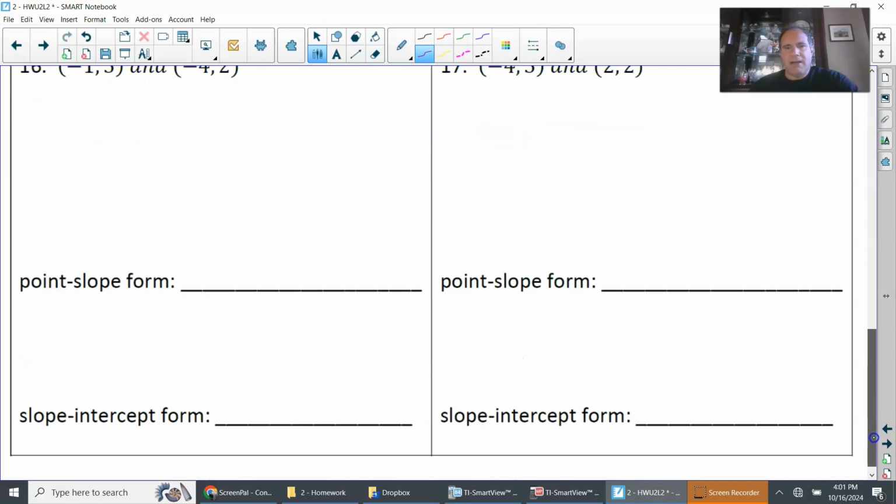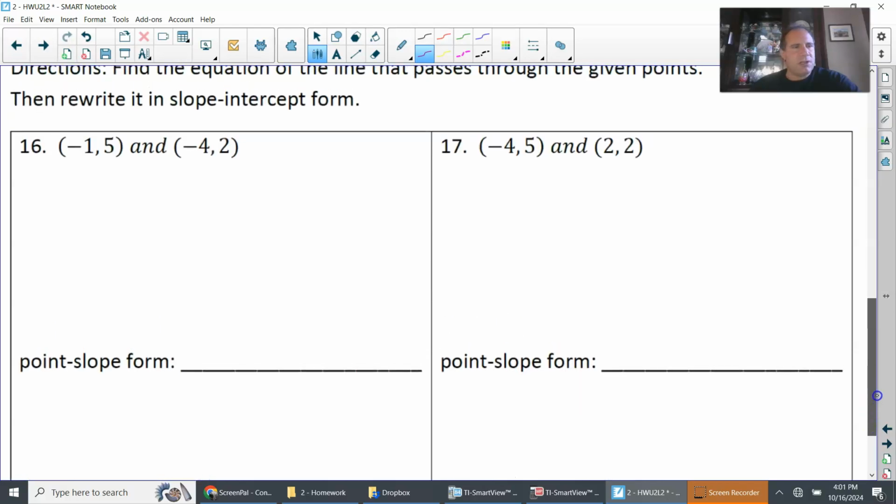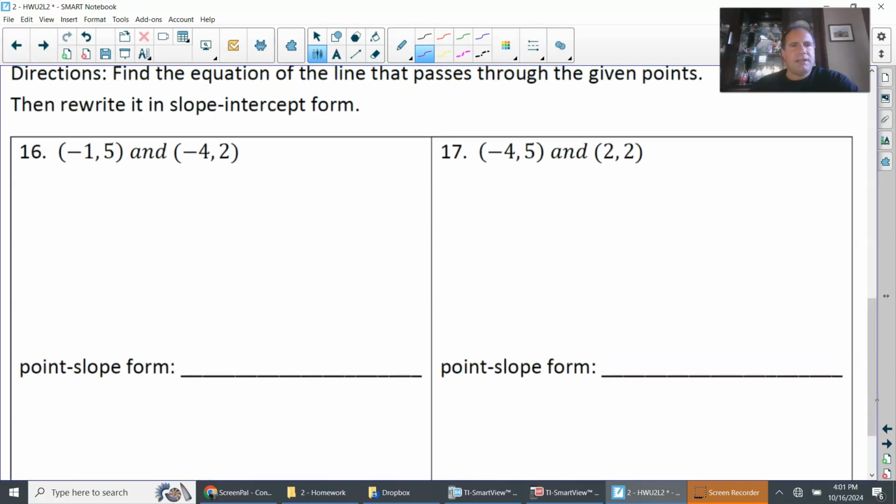Okay, so we have 2 more questions to go. The directions say find the equation of the line that passes through the given points, then rewrite it in slope intercept form. Slope intercept form is that.